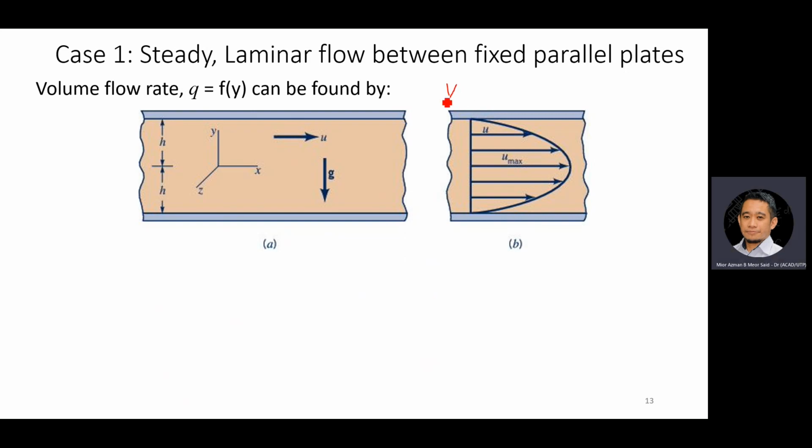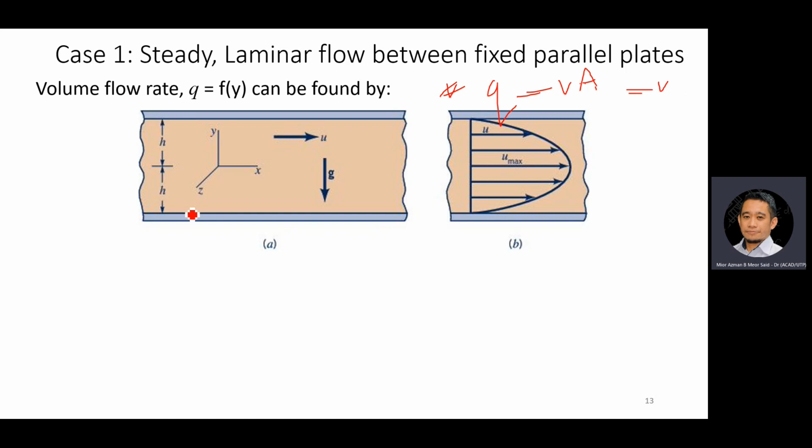So volume flow rate is the velocity times the cross-section area, the cross-section area that is facing the flow. In this case, because it's two-dimensional, no Z, the volume flow rate will just equal some velocity times the dimension h.